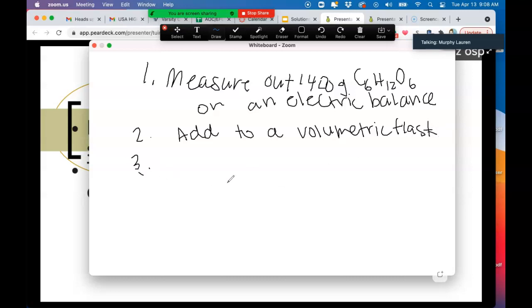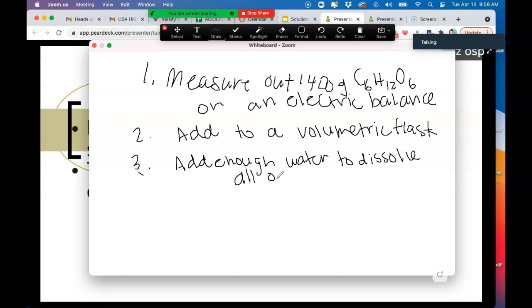3, add enough water to dissolve all of the solid. And then finally, finish.